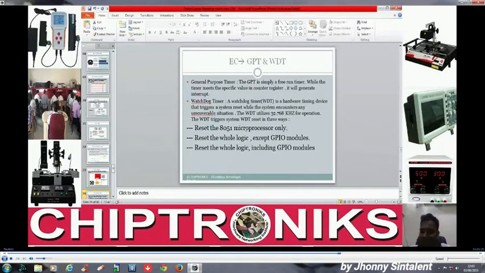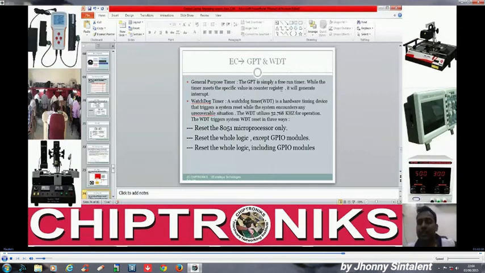We just need to understand it theoretically, because there is nothing you can do for diagnostic purposes, but we still need to understand the definition. The implementation of GPT and WDT is very important when dealing with microcontrollers, not when you are repairing a notebook motherboard. You don't need to understand this for that, but if you are into microcontroller design applications, then you need to understand the general purpose timer and watchdog timer.